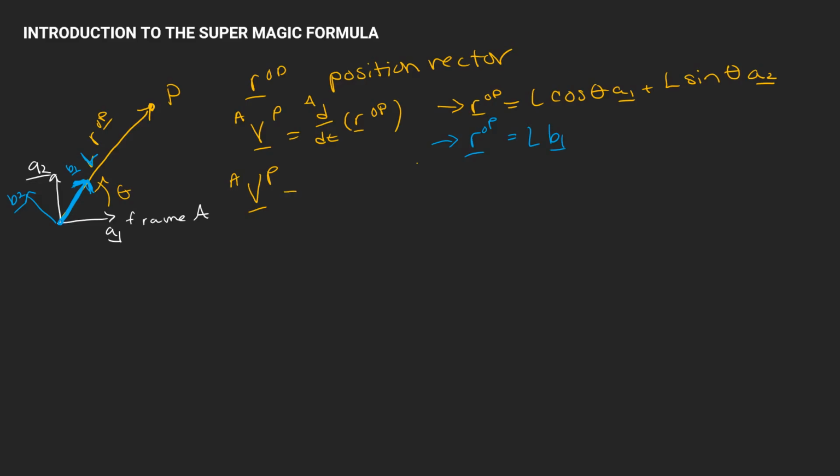And so to do that, we use the magic formula, which says that the velocity of point P in frame A is equal to the time derivative of our position vector in frame B plus the cross product between the angular velocity of frame B in frame A and the vector itself.